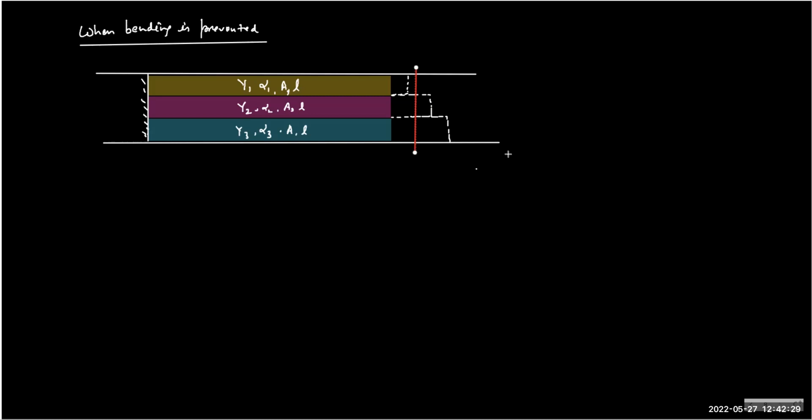And if they settle somewhere here, it means the stress developed in the bottom two will be left, and the stress developed in the top will be right. And then you will balance the force so that F1 equals F2 plus F3. Okay.